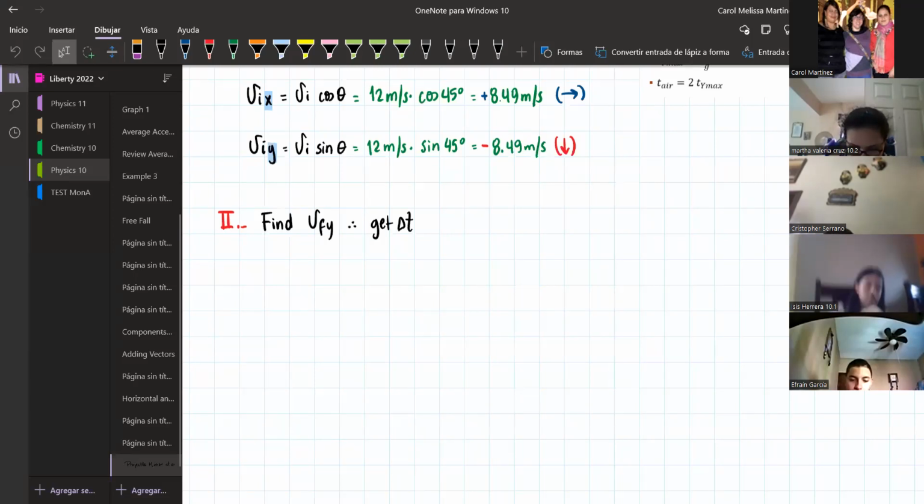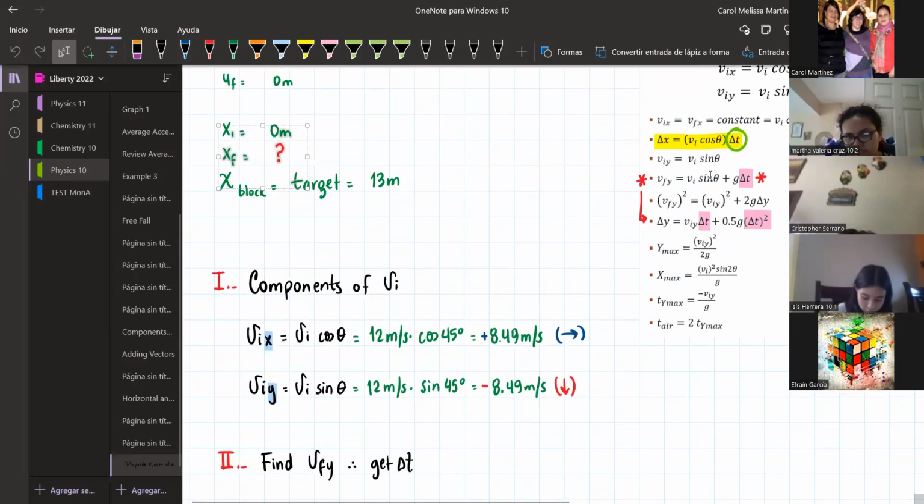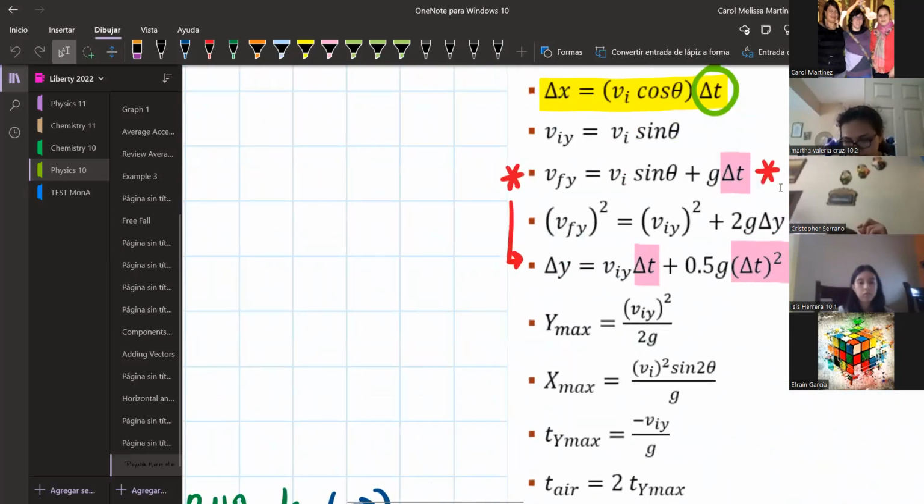So we say, final velocity in y is equal to initial velocity times sine of the angle plus gravity times time. We have this equation. Take a look over here, we have this equation that says that we can get vf, and we have this other equation also to get vf.